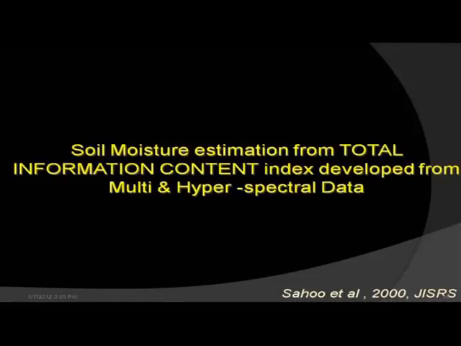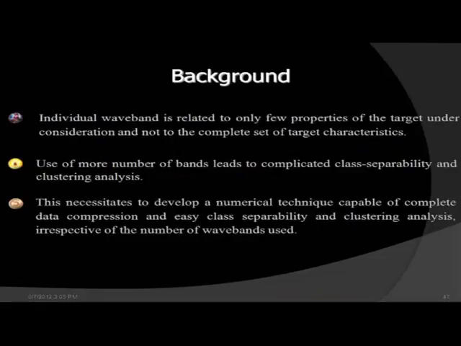Then coming back to a technique called the total information content index for soil moisture estimation using multispectral and hyperspectral data. Before going to that index, I would like to tell what happens in the basic remote sensing principle: you have an individual wide band which is related to only a few properties of the target under consideration, not the complete set of target characteristics.